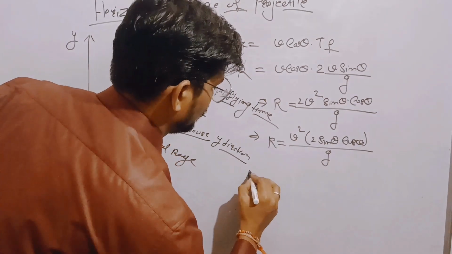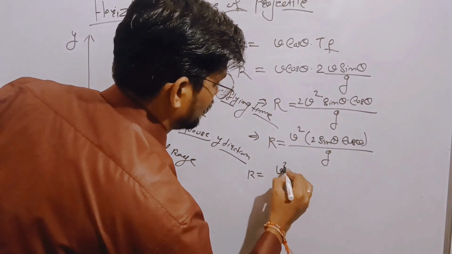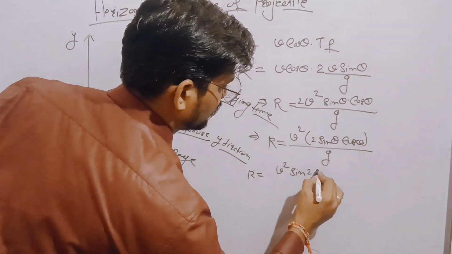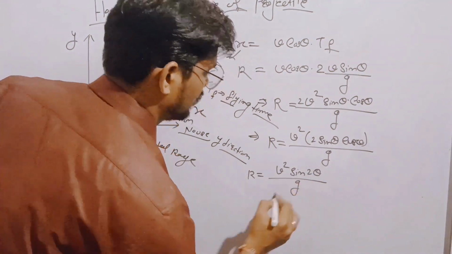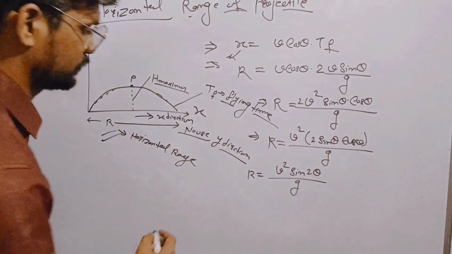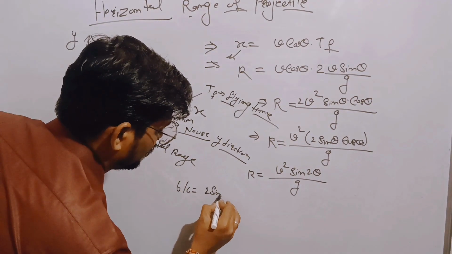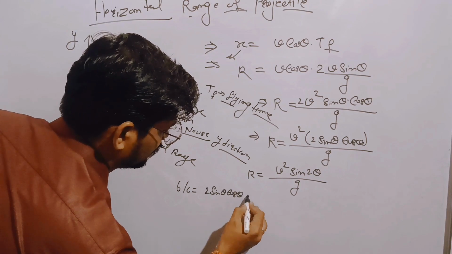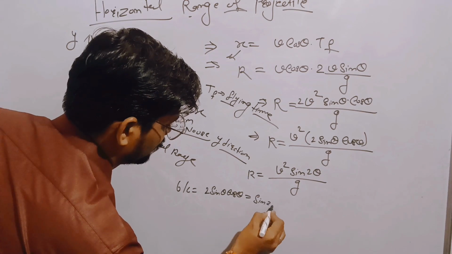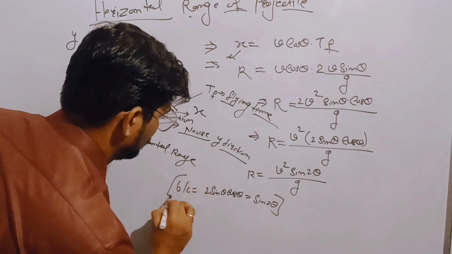So R is equal to v square sin 2 theta upon g for the range of the projectile motion, because 2 sin theta cos theta is equal to sin 2 theta. This is the mathematical expression from trigonometry.